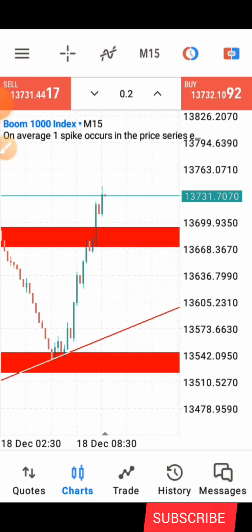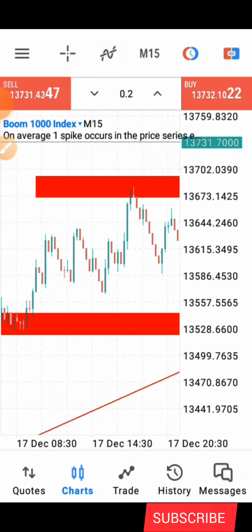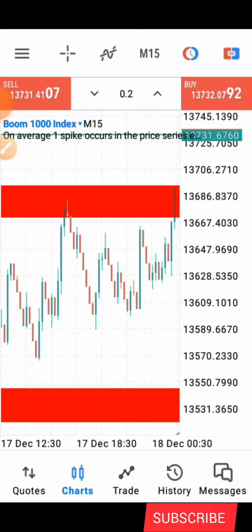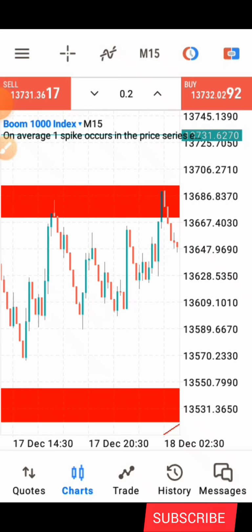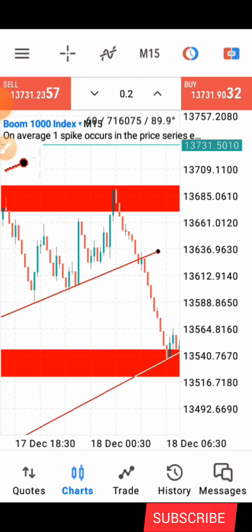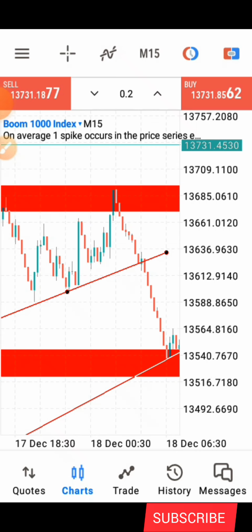So here, let's do some back testing. You can see that there was a support and resistance zone here, right?